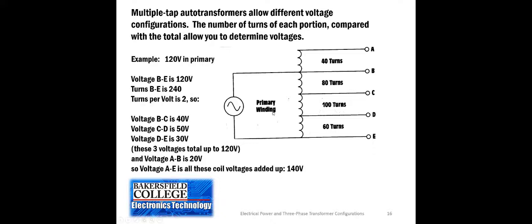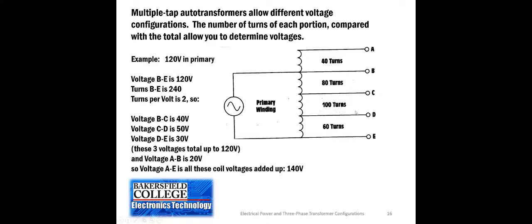What we can do is use those numbers to determine how much voltage there is. If we have 120 volts primary between B and E, and let's say there's 240 turns, then the way that we calculate that is how many turns per volt there is. There are actually 2 turns for every 1 volt.